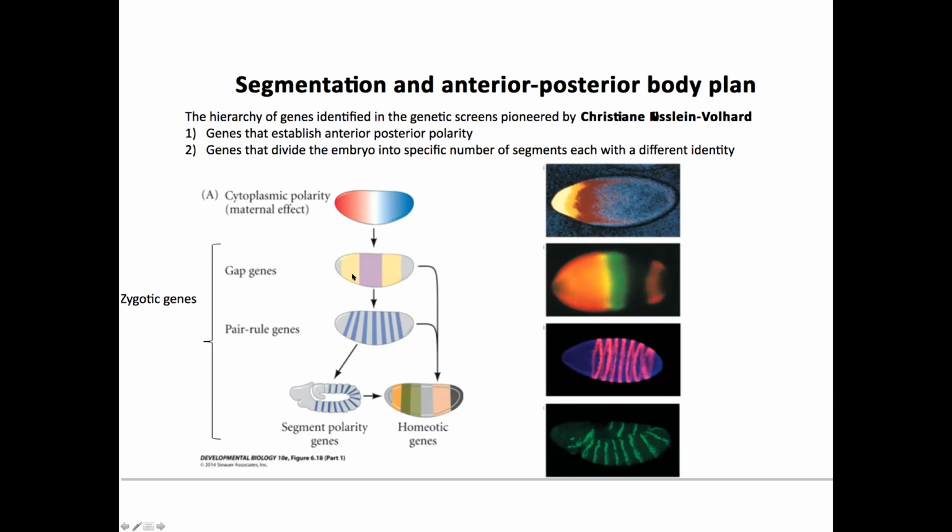So say if you look at Kruppel, which is a gap gene, the embryo will have a head, but Kruppel is required post-head, so certain segments of the abdomen will be present, and you'll have a posterior. So you'll have a head here, but you will not have many segments in between. So there are huge gaps in the embryo.